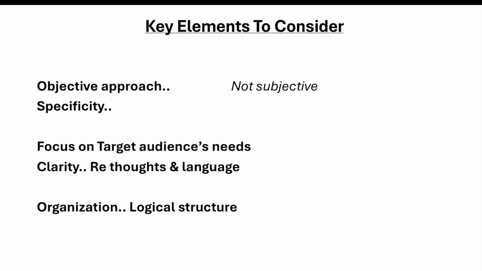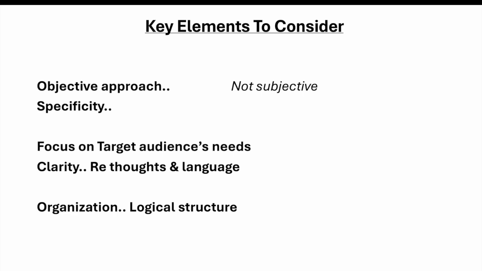Then specificity. The writer needs to be specific with the objectives he has in his mind. He needs to focus on target audience needs, whether the needs have been fulfilled or not. Clarity is the next point for the writer.